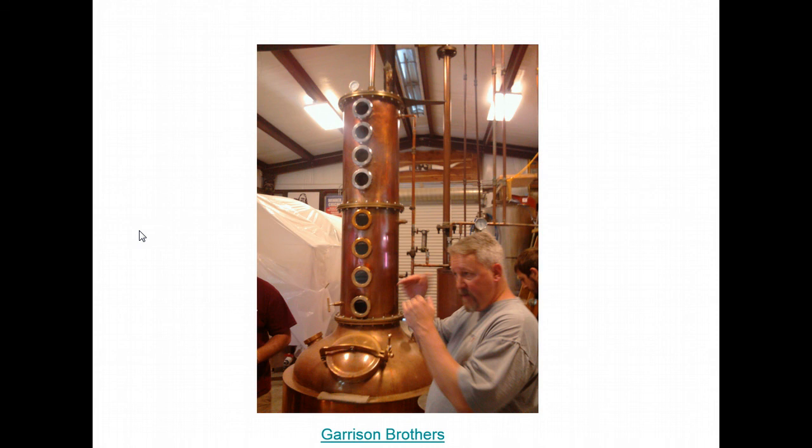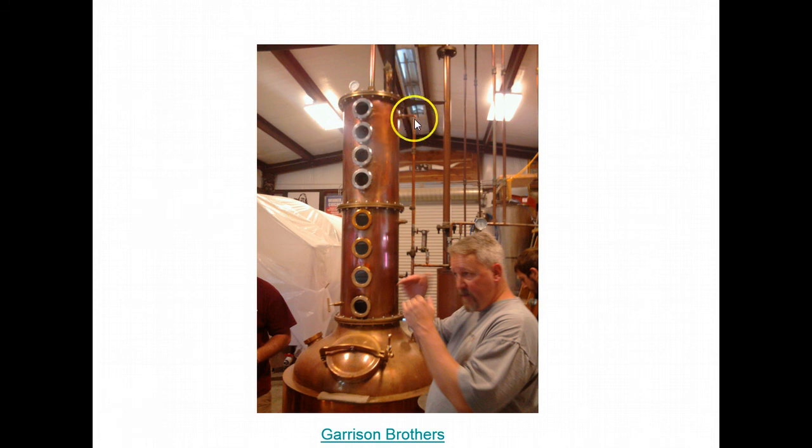It wasn't like they were producing 100 gallons a minute. They're producing a lot more now, but those different levels in the stills will let you remove different products.